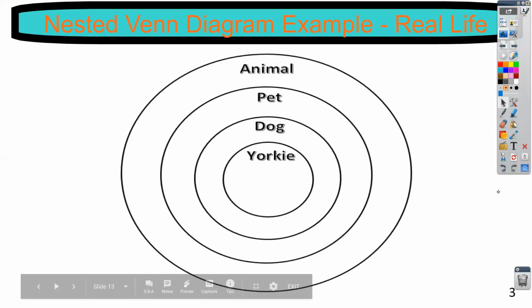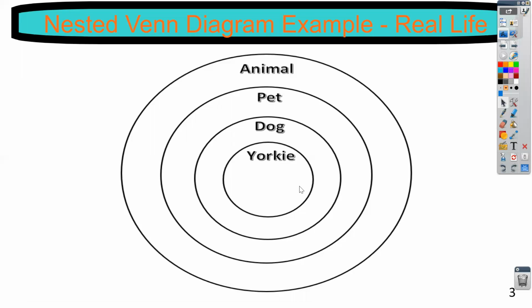Now here is just another example. Instead of saying Kayla, Houston, Texas, US, we could talk about animals. So I could have specifically a Yorkie, a type of dog. So a Yorkie, which is a dog, which is a pet, which is an animal. And these words can be interchanged with just about anything you want.